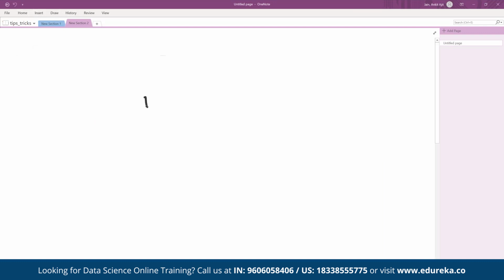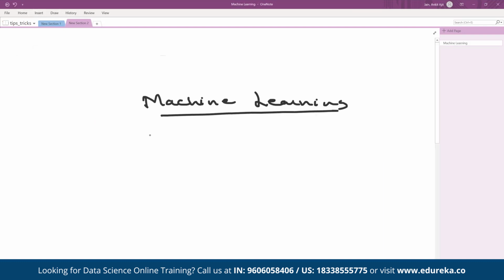Basically, machine learning is a way to create AI. Machine learning is one of the methods through which we will create AI, that is artificial intelligence.